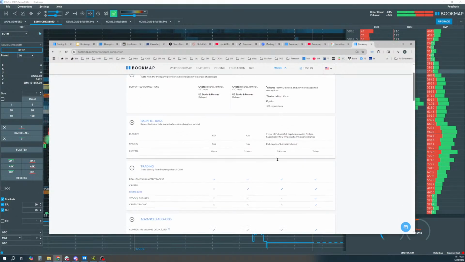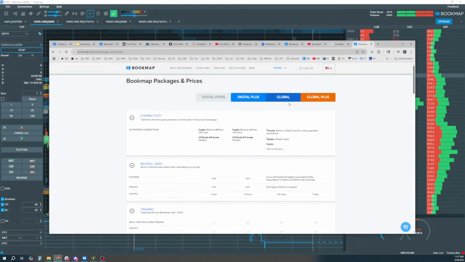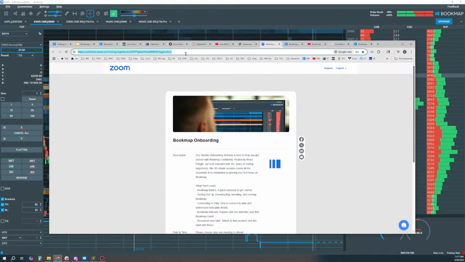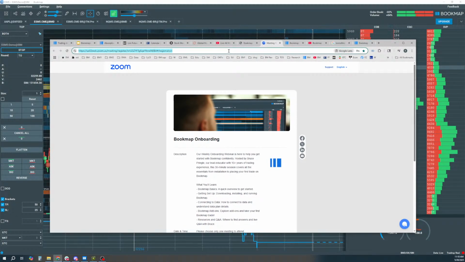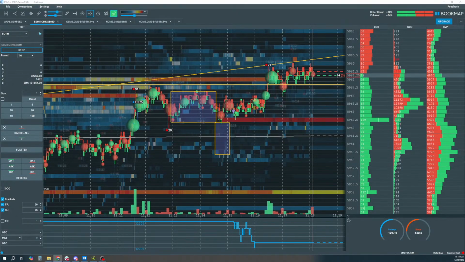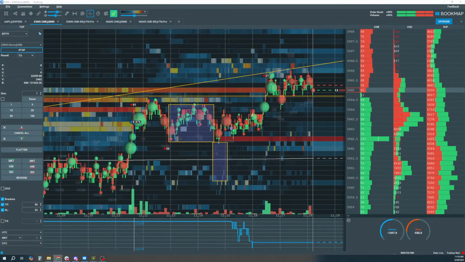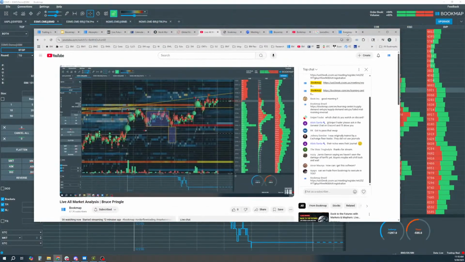All right, so go through them and figure out which one's best for you. You will need to also subscribe to data. For further information on that, come to our Zoom meeting here, and the onboarding. In fact, I would suggest that, Amar, you go to bookmap.com.